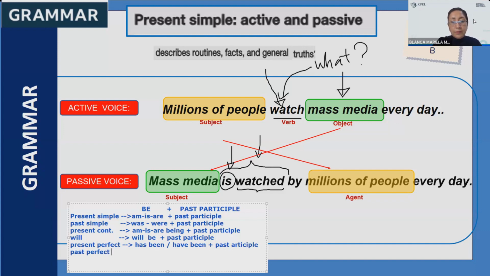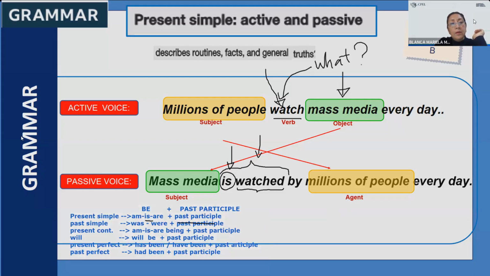You write had been plus the past participle. So that is why I say that it is really important that you know this base form: be and the past participle.